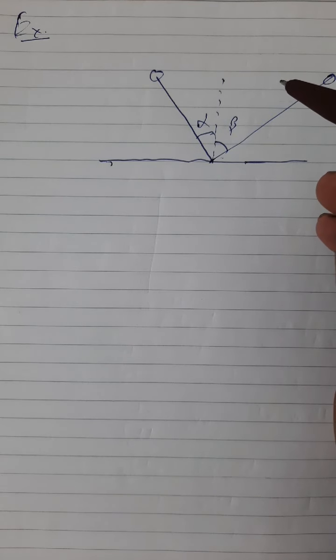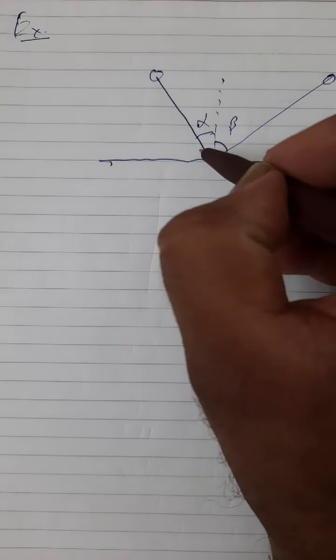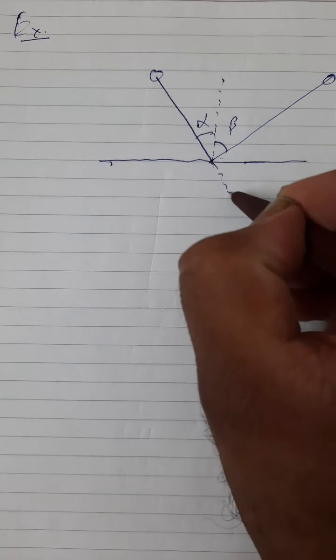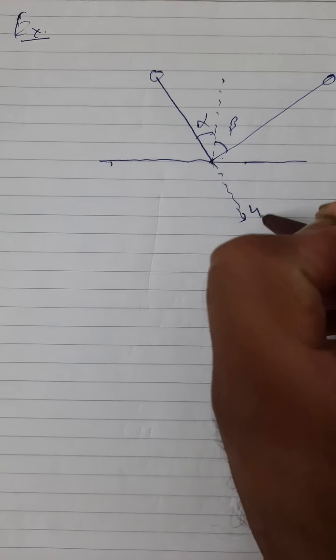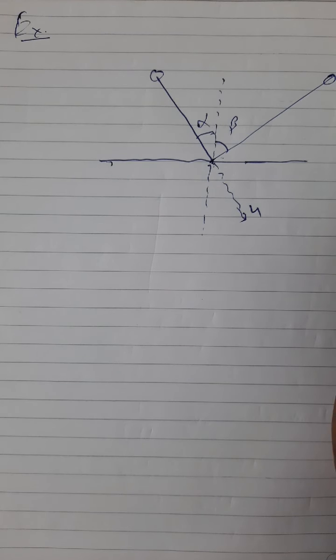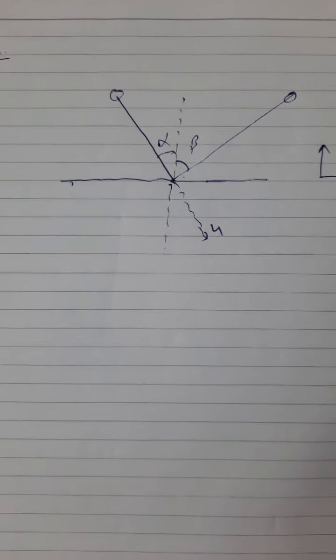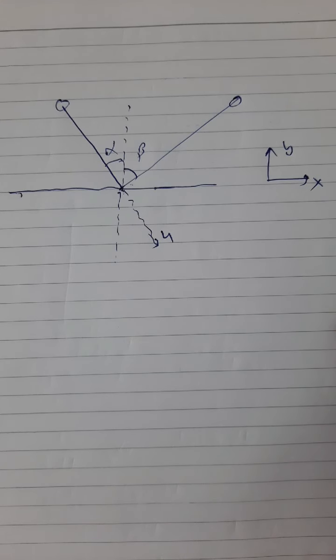Okay, now the velocity by which it comes, suppose it is u. Got it? I call this x-axis, this y-axis. Let me show you this x and this y-axis, right?